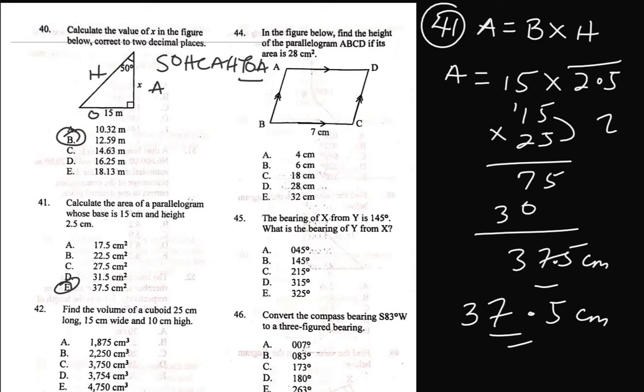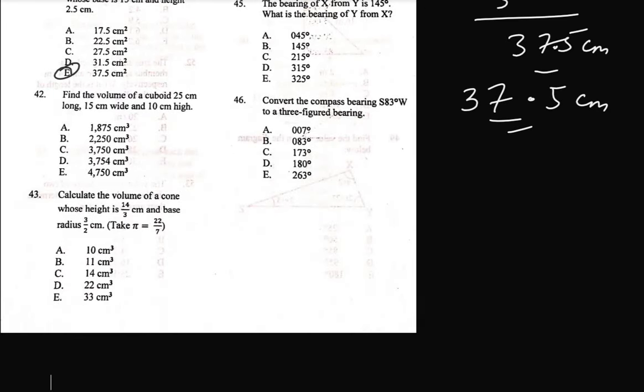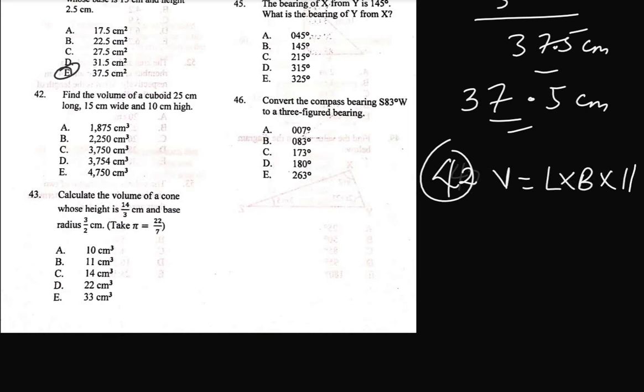Alright, let's look at question 42. Find the volume of a cuboid 25 centimeters long. Volume of a cuboid is length times breadth times height. The length is 25 by 15 by 10.